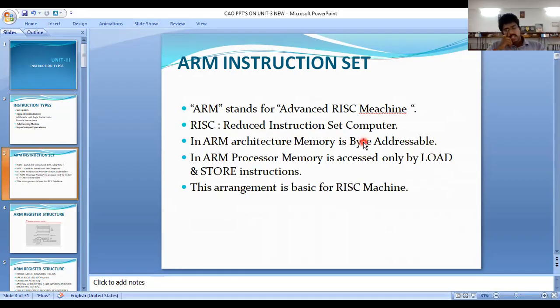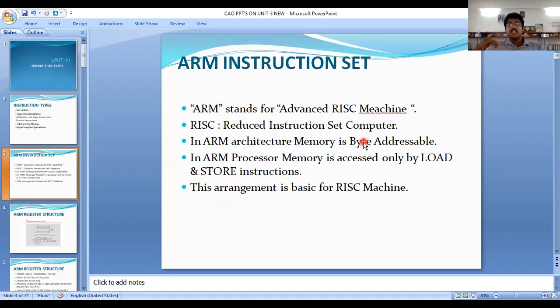In the last class I discussed what a reduced instruction set computer is and what its advantages are compared to CISC. If you want to take any data from the memory or store any data into the memory, you can do it only by using two instructions: one is the load instruction and the other is the store instruction.